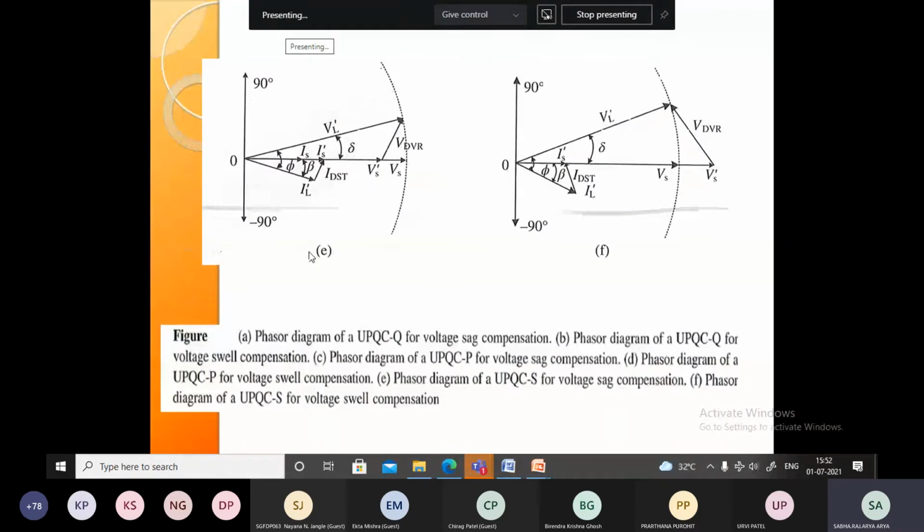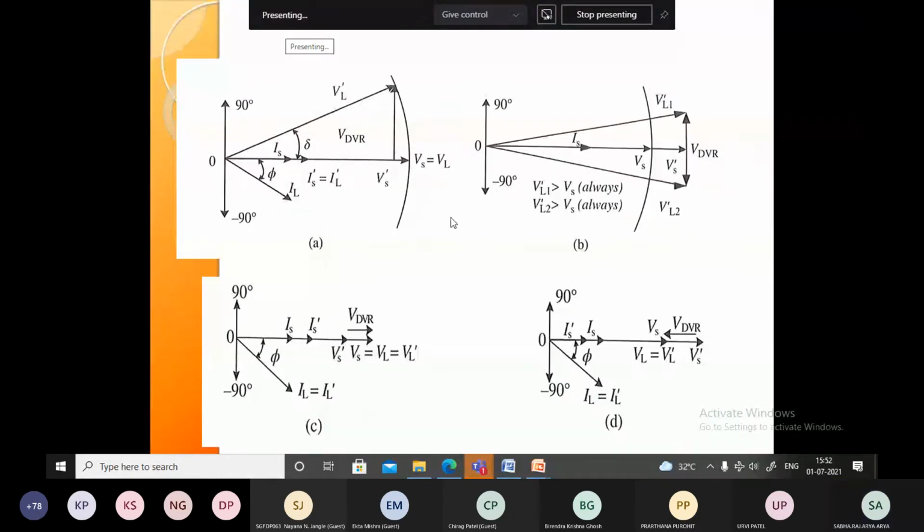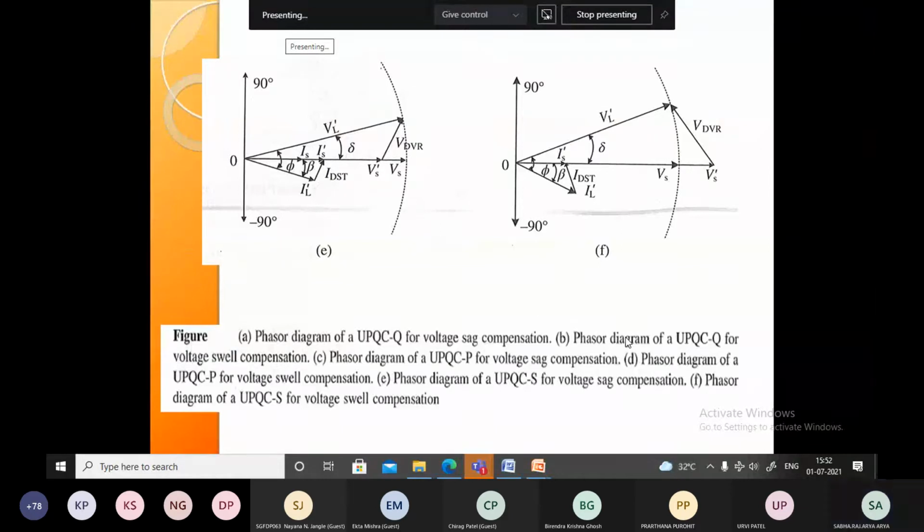You can see here: A, UPQC-Q sag compensation in phase; B, quadrature; C, phasor diagram of UPQC-P for sag compensation.